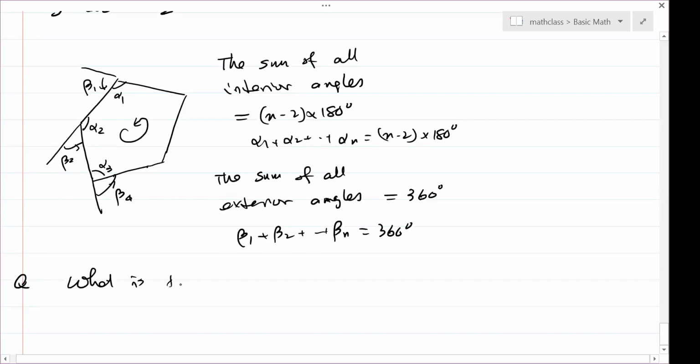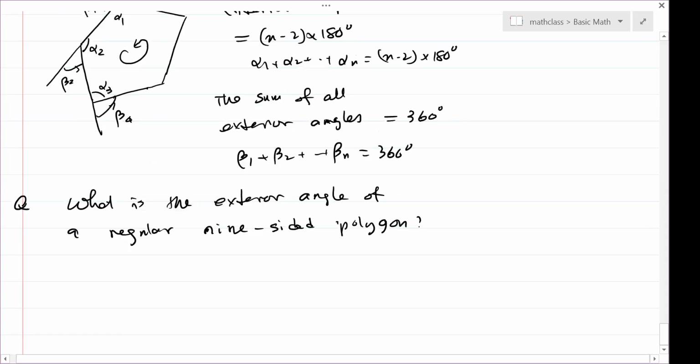So here's a question: what is the exterior angle of a regular 9-sided polygon?